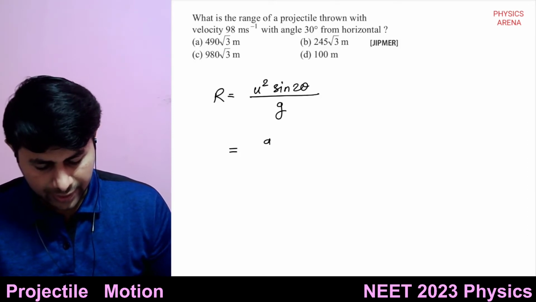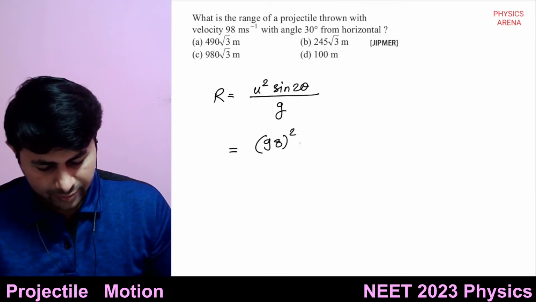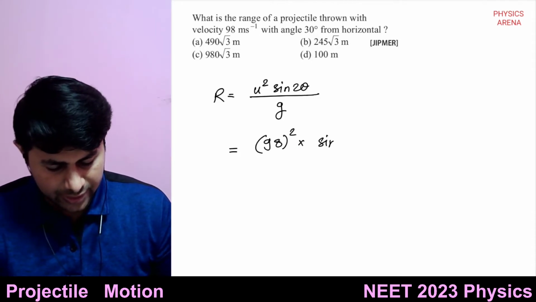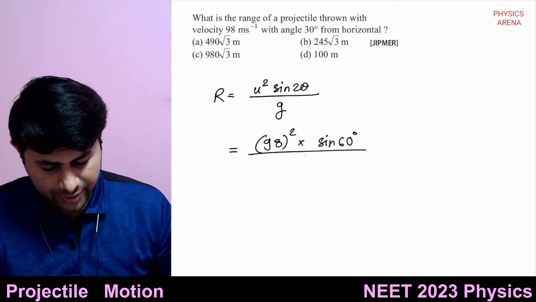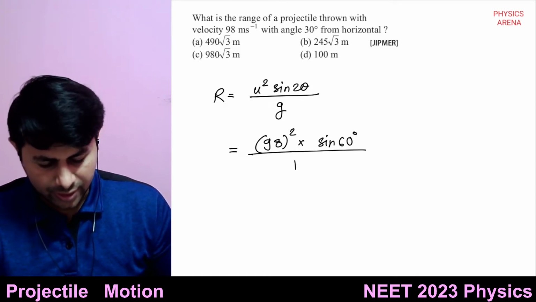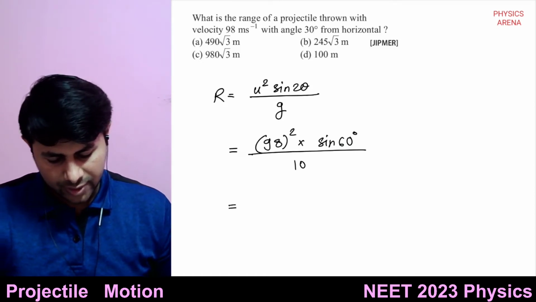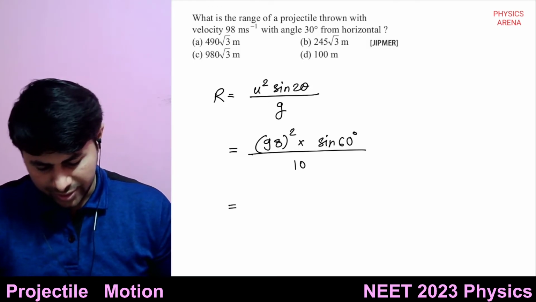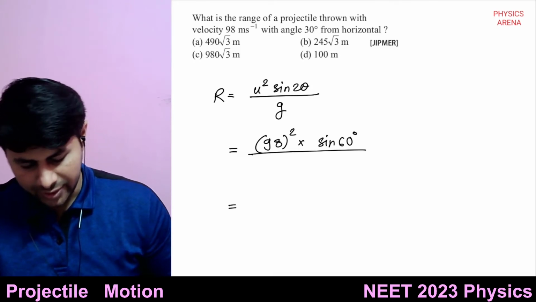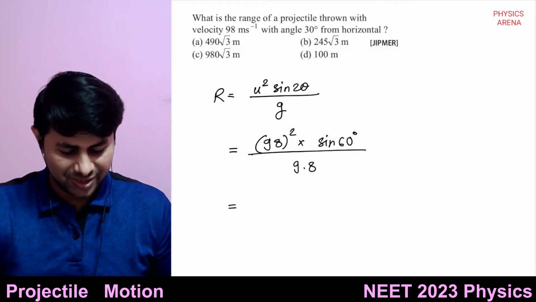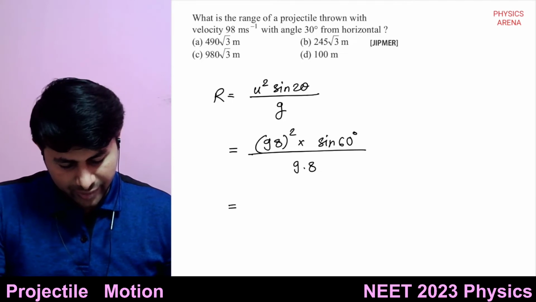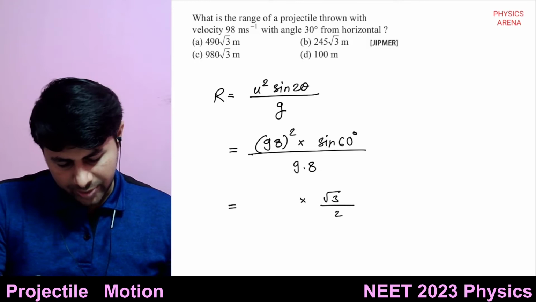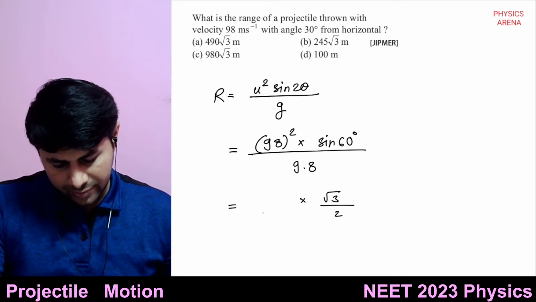So 98 square multiplied by sine of 2 theta, sine of 60 degrees divided by g. How much is g? Let's suppose it is 10. Or no need to take 10, we have 98 in numerator, so 9.8. Sine 60 is root 3 by 2. Which option? Option A.